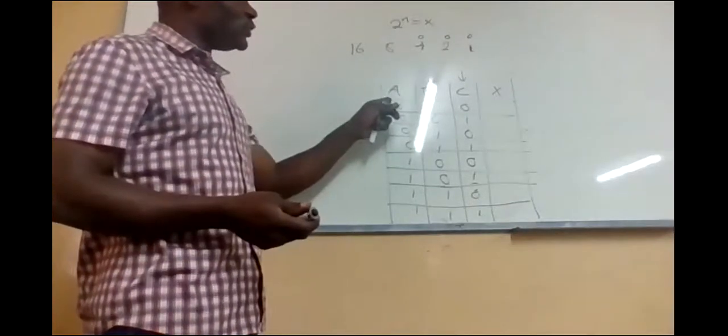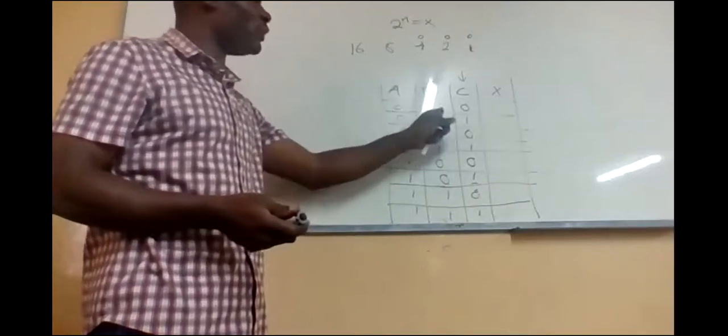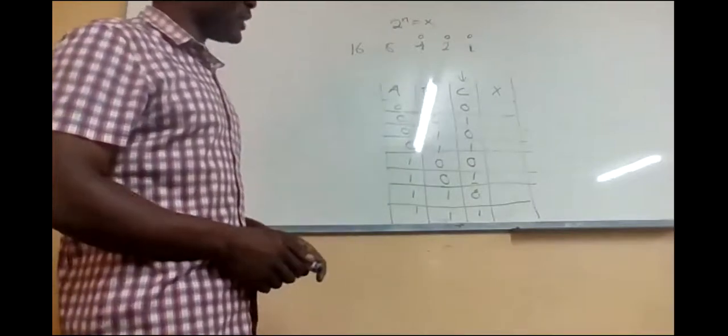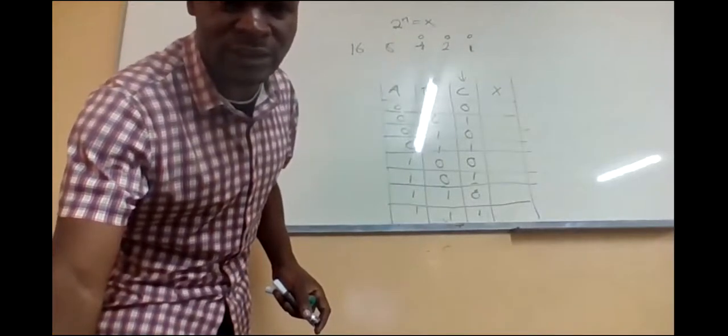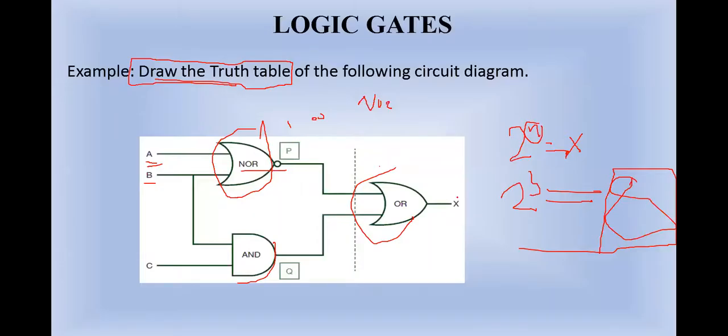And we know that it produces a high when both of the inputs are low. So the problem that we are going to have there is that if you critically look at this, what we are getting here is not the X, because the output we are going to get here is going to be the input for the next gate.